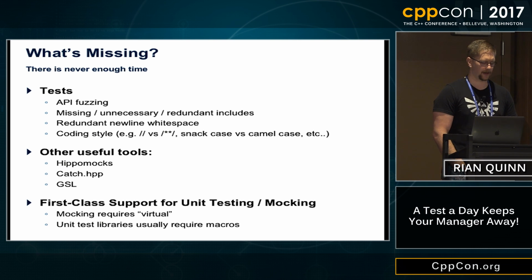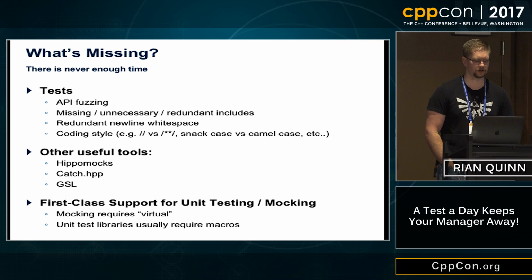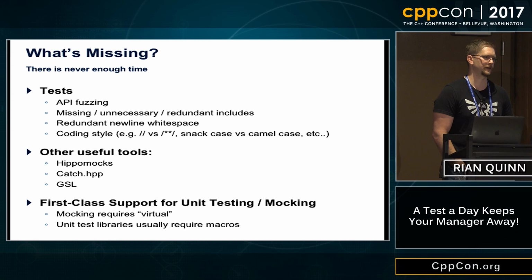And then there's like 10 million different unit test libraries out there. Catch HPP is the best one I've used so far. It's a nice header-only implementation, just like HippoMocks. But it's all macro-based, so if you're doing lambdas or commas inside your checks, you get compile errors and your unit tests end up just looking ugly.